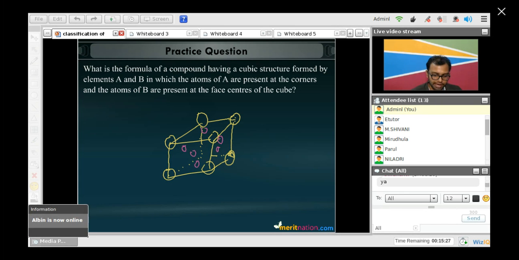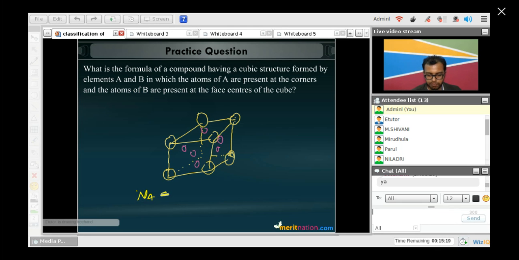Now the number of A atoms inside the cube will be equal to how much? It will be 1 by 8 multiplied by 8. 1 by 8 is the contribution and there are 8 atoms of A. So this is equal to 1, right? And the number of B atoms inside the cube will be equal to how much?